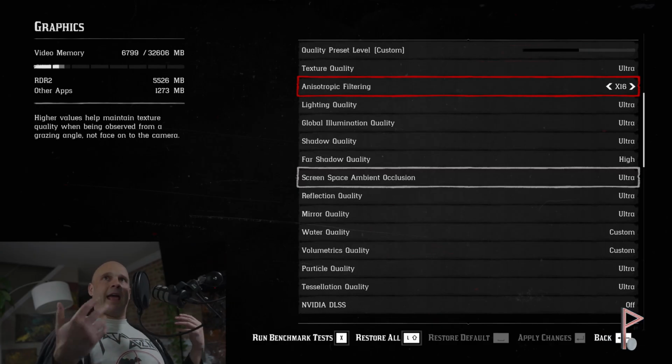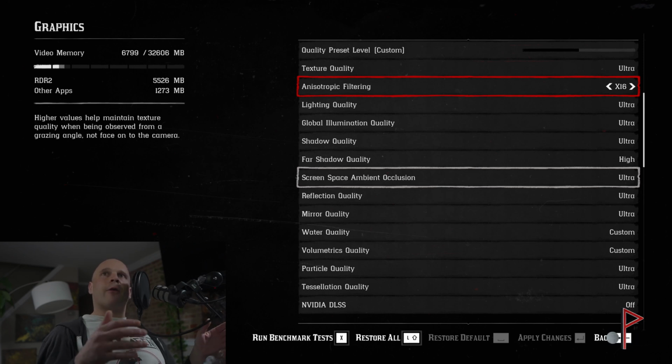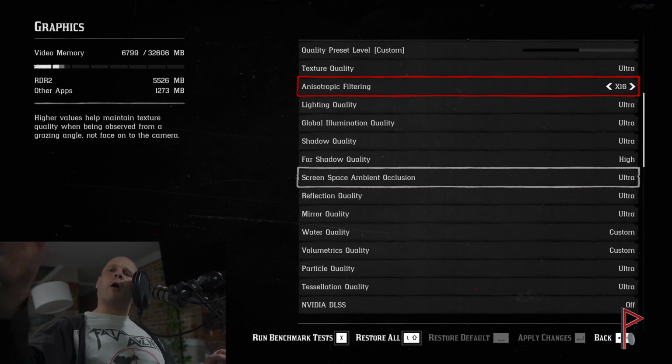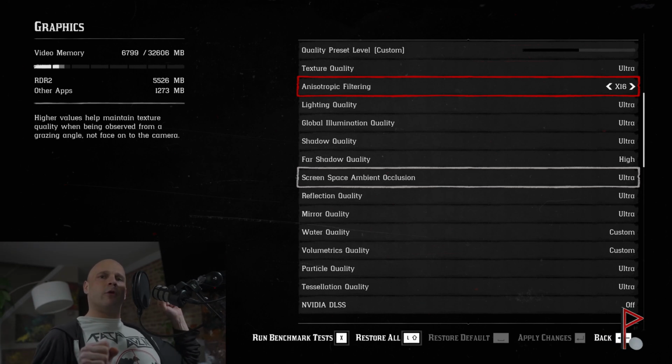I'm looking at it head on. What does anisotropic filtering do? It's for objects that are viewed far away, objects that are viewed obliquely. If I'm looking at a mountain, it only needs to be sampled that one time because I'm looking at it.